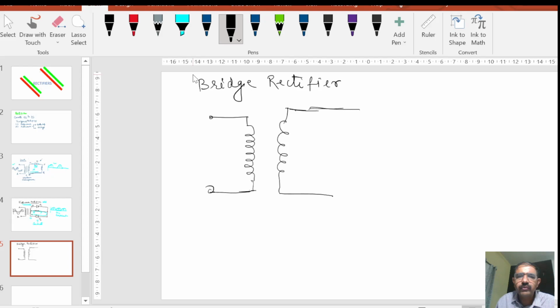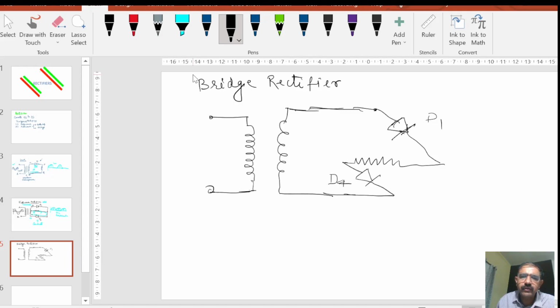Now how to make this bridge rectifier? At one end we connect one diode, then the diode goes like this, then there is a resistance, and another diode. Suppose this is my diode D1, this is diode D4.